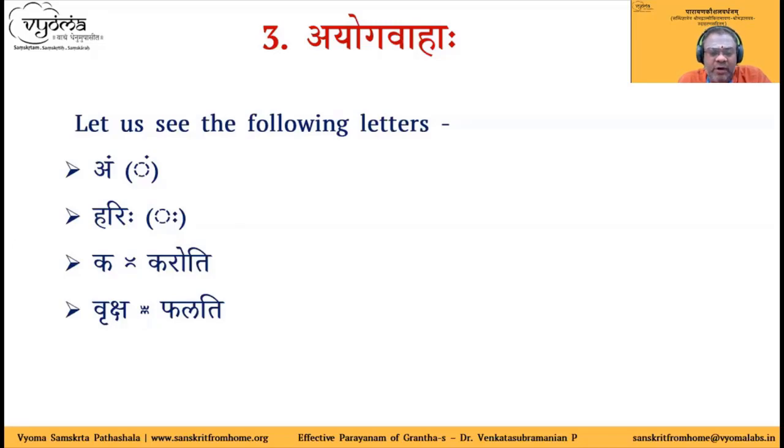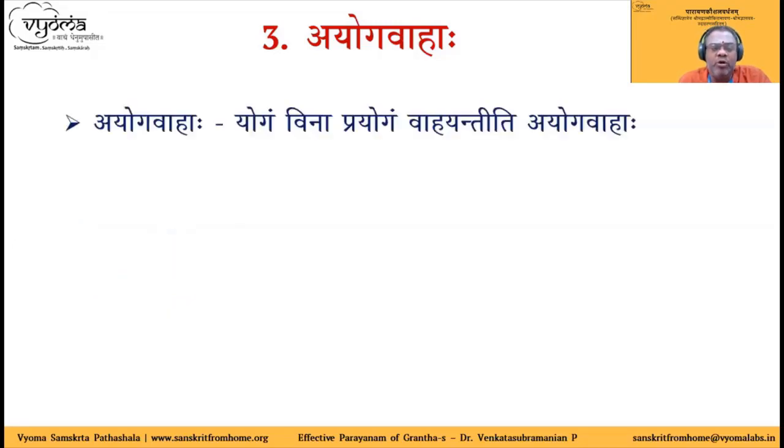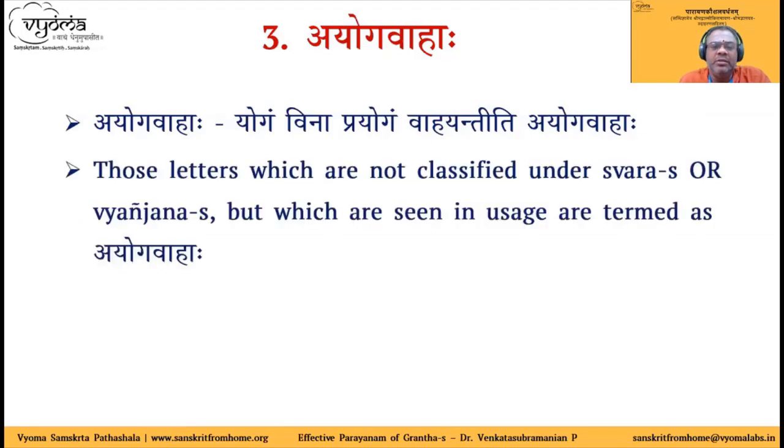Ayoga Vahaha, what do they mean? Ayoga Vahaha means Yogam Vina Prayogam Vahayanti. These are not classified under Swaras nor Vyanjanas by Panini or any other grammarian, but they are seen in the usage.